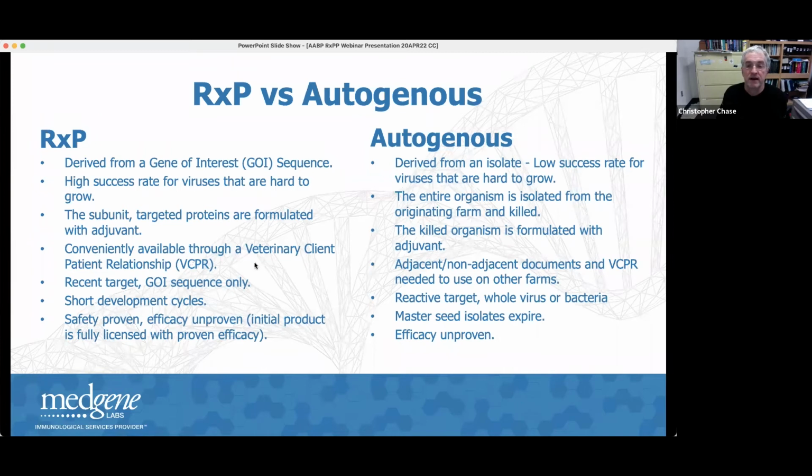In both cases, we're using the veterinary client-patient relationship, targeting it to a specific rather than the whole virus or whole bacteria. And again, the short development cycles. And then the big thing is that because we're using the gene of interest, there are no master seeds that expire, like we see with the autogenous vaccine. In both cases, the efficacy is unproven, but we have a platform here that we know how it performs.